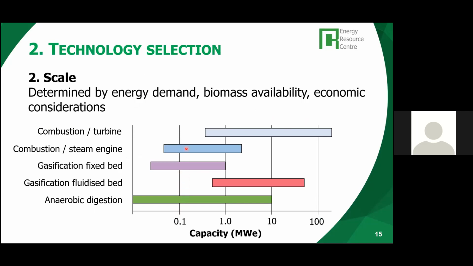That means that we're in this range, which would usually be too small for a turbine system, unless again you'd have a very specific situation in which you could apply, for example, a back pressure turbine producing process heat for an industry and have electricity more or less as a secondary product.